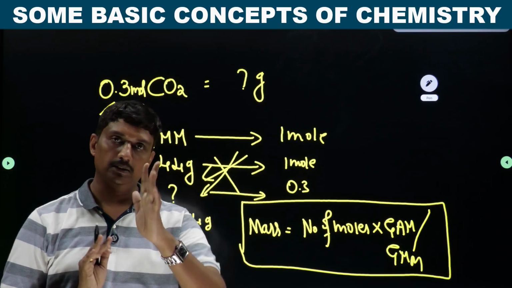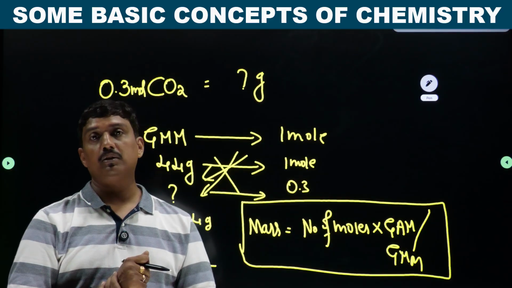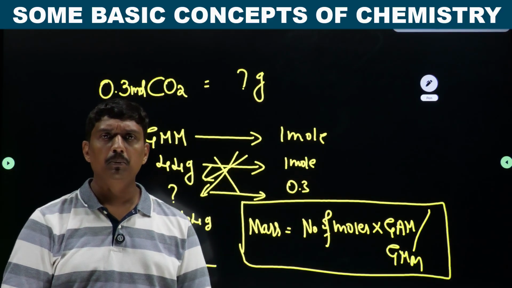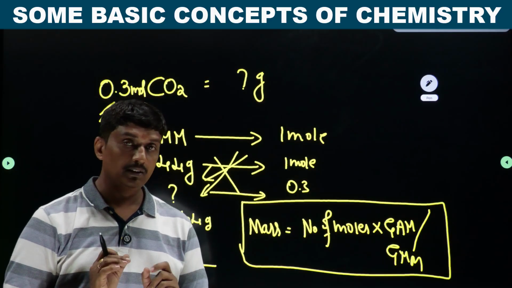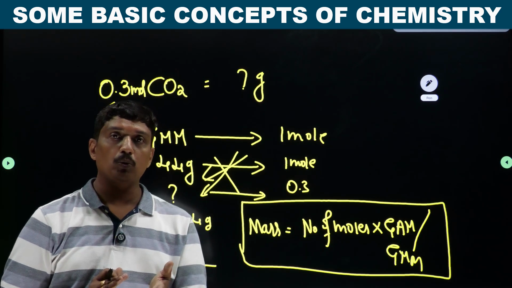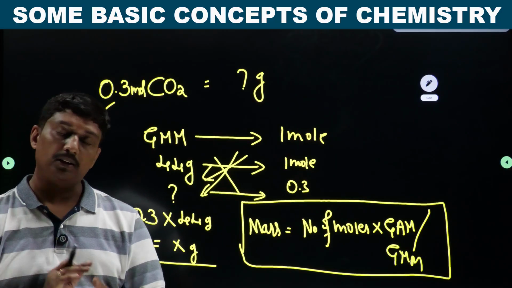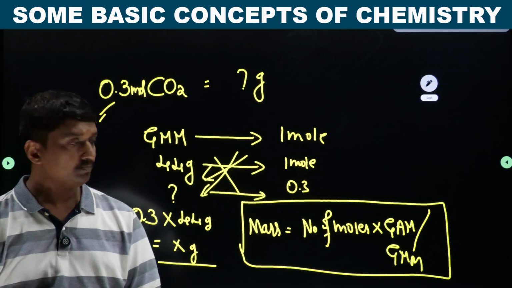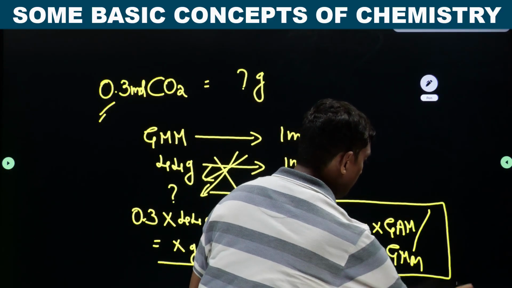Are you clear? Yes. Now, this can be extended further. What extension can be made? Here mass is the question, moles are given. Is it possible to convert number of particles into moles? Yes, we can convert. How? A very simple formula can be applied.